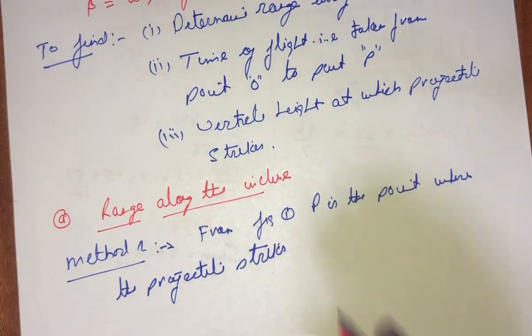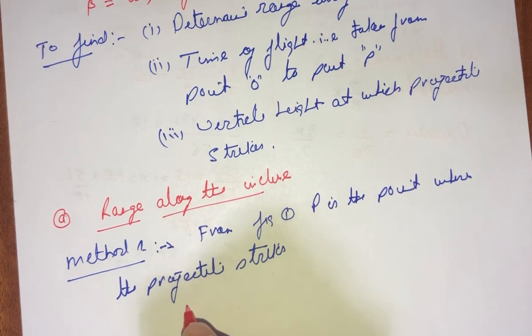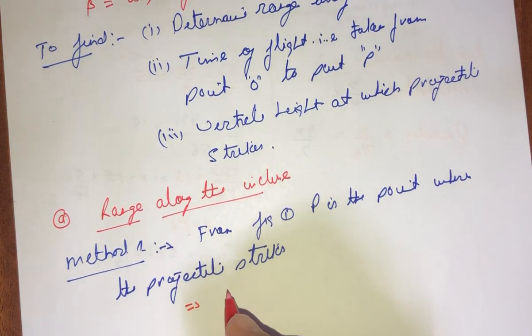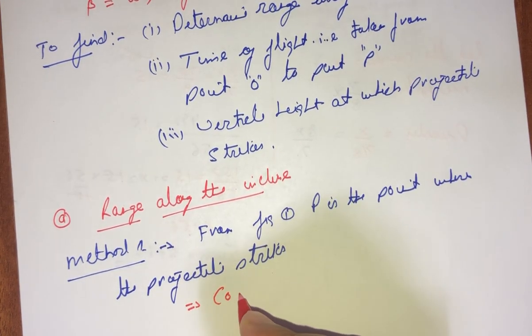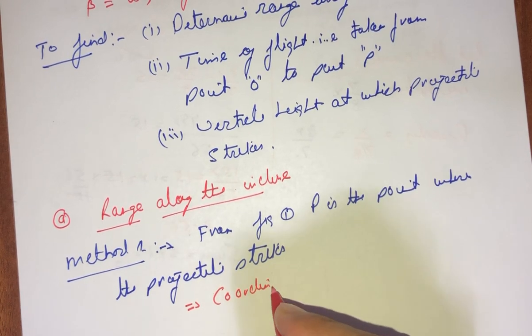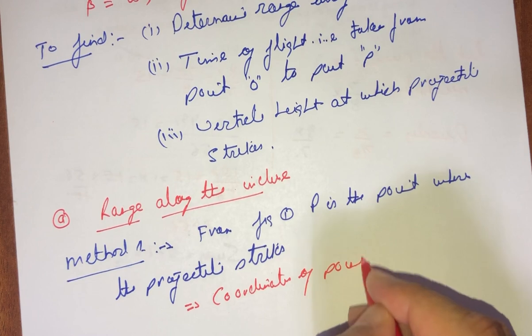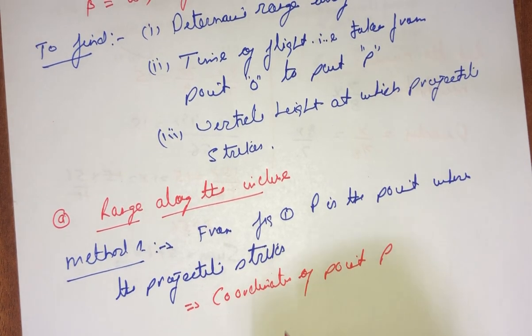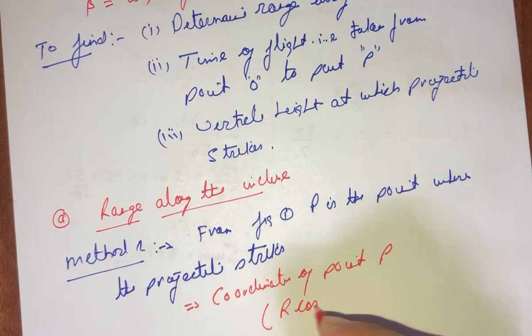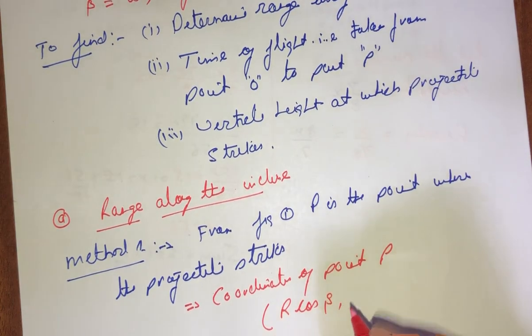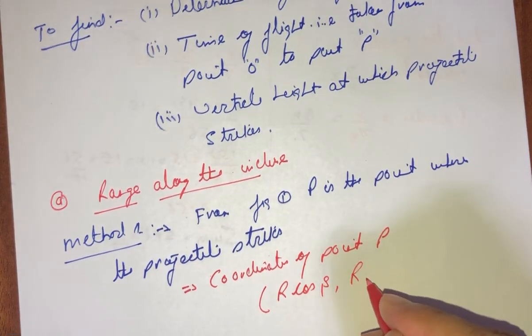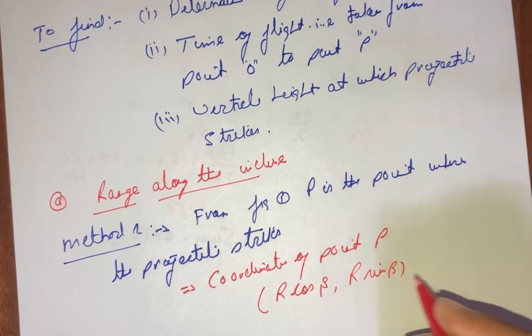So we can find out the coordinates of this point. The coordinates of point P can be written as r cos beta and r sin beta.